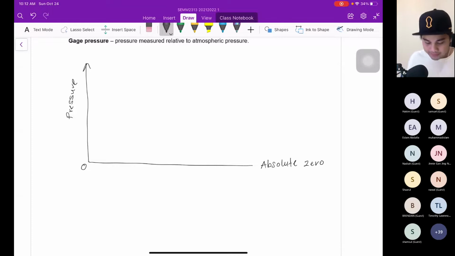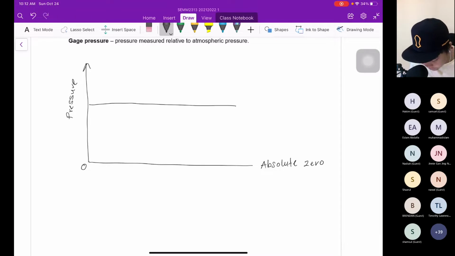So basically our body is exerted by the atmospheric pressure from the external surrounding. So the absolute pressure should be more than absolute zero. Let's say this is our atmospheric pressure. What is the synonym of atmospheric pressure? Anyone know?